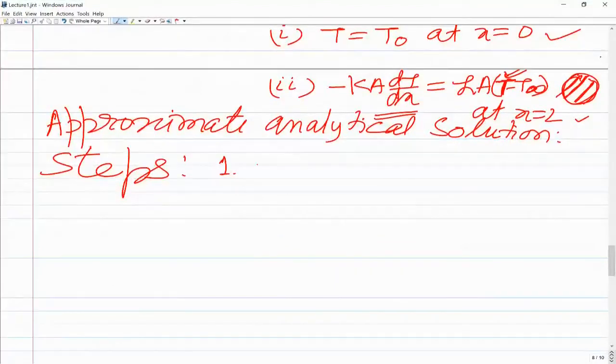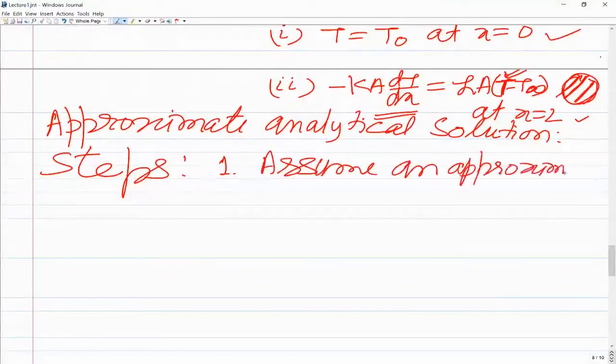So the first step in the approximate analytical solution is that you assume an approximate solution, and generally it is a polynomial, but it can be trigonometric functions, it can be Bessel functions and so on.